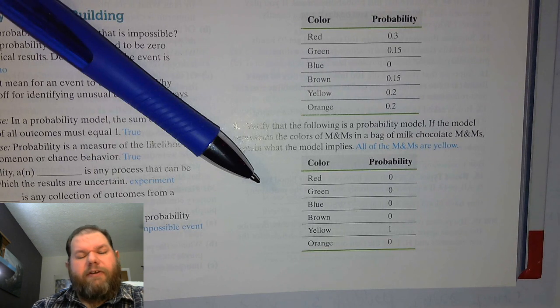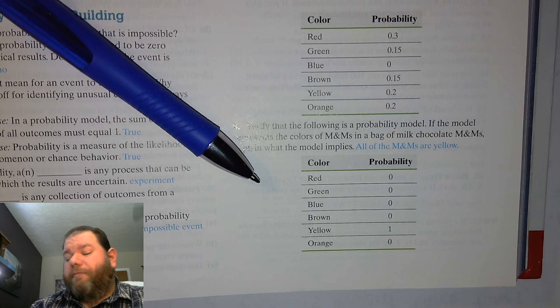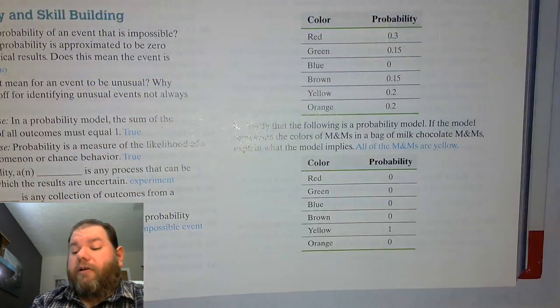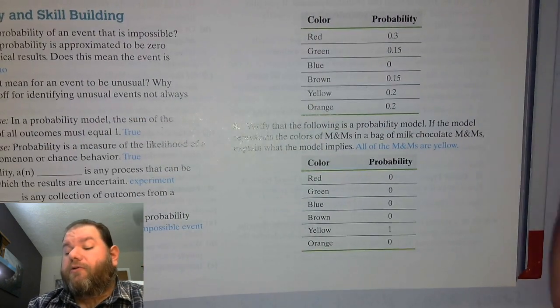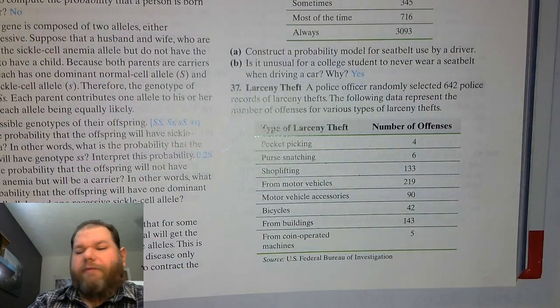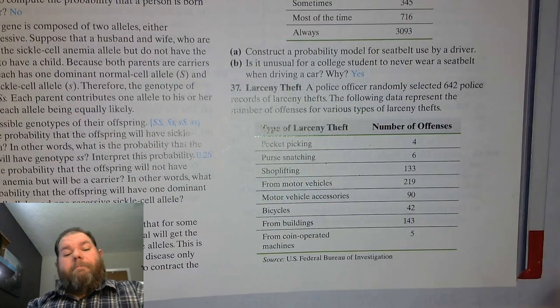I remember in Las Vegas there was an M&M store where you can basically buy whatever you wanted, so you could get a bag of yellow M&Ms there if you wanted to. So, anyway, but yeah, that would be a valid probability distribution or model. Technically, we haven't talked about distribution yet.